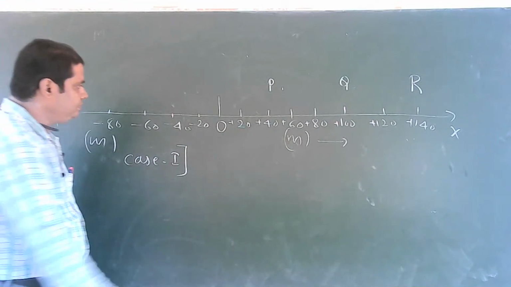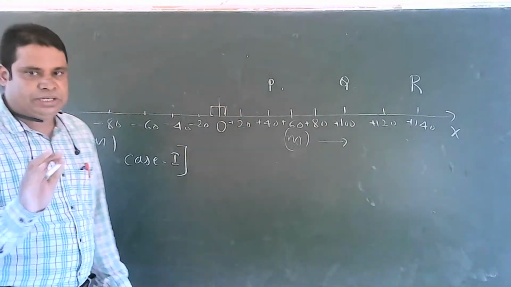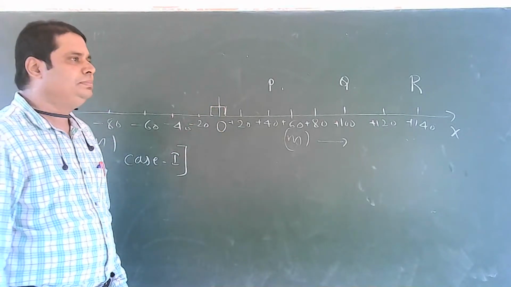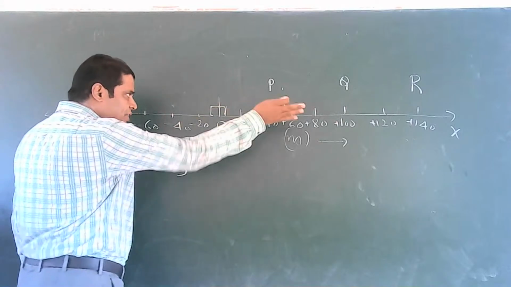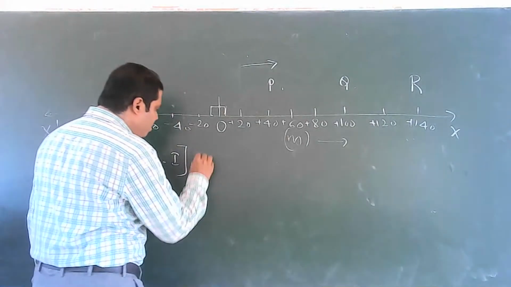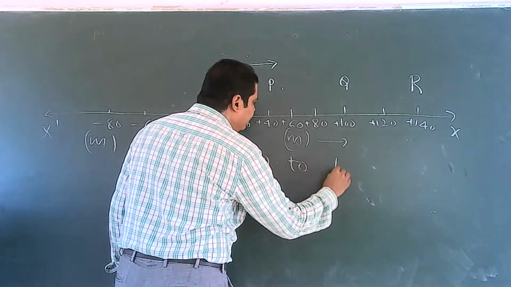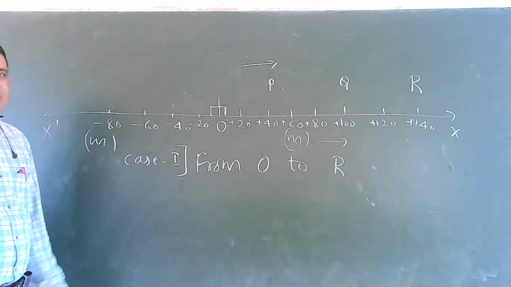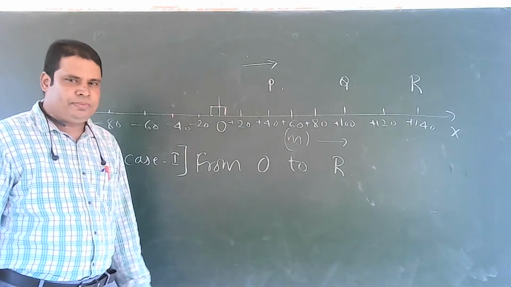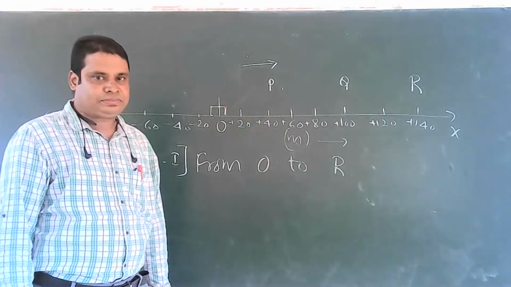Imagine an object which is situated at point O, is moving in this direction, from O to R. Let us consider a simple situation where an object situated at O is allowed to move from O to R, where R is another point.